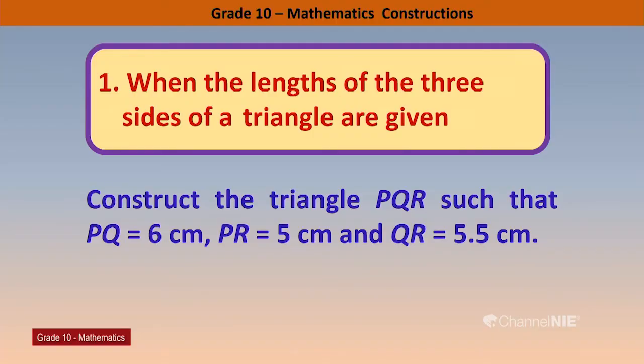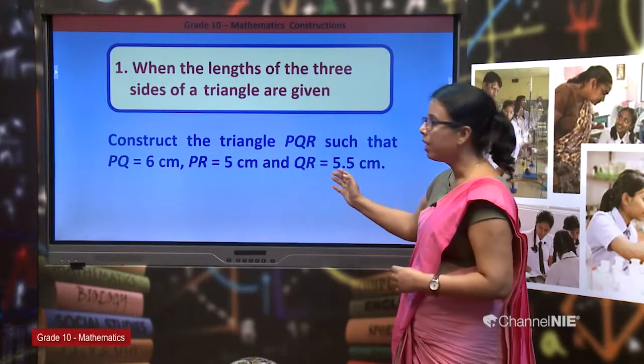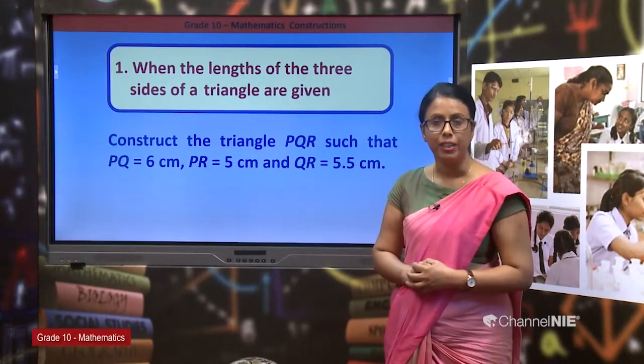When the lengths of 3 sides given, we can construct triangles. Read this question carefully. Construct the triangle PQR such that PQ equals 6 centimeter, PR equals 5 centimeter, QR equals 5.5 centimeter. Length of 3 sides are given.